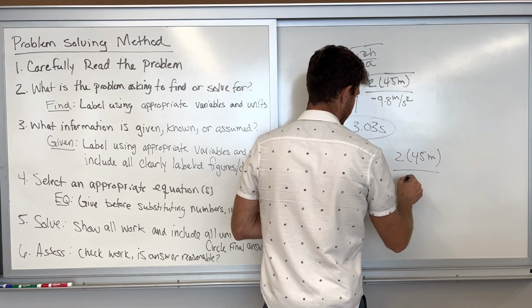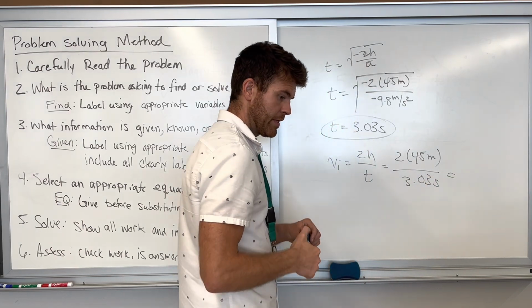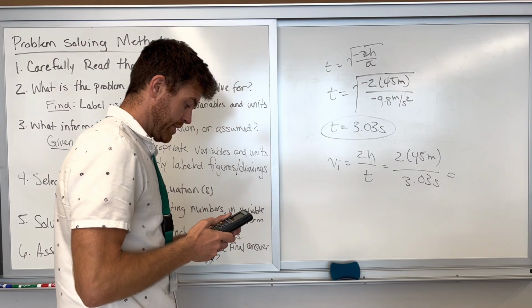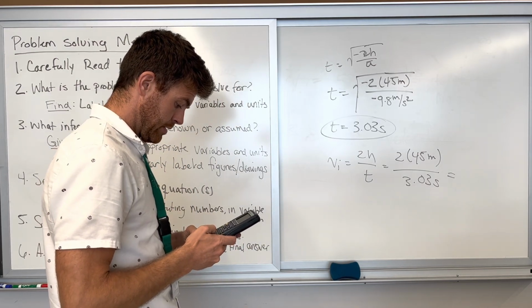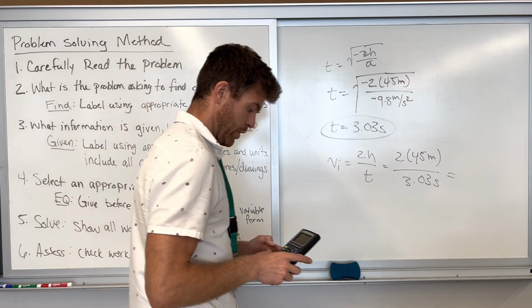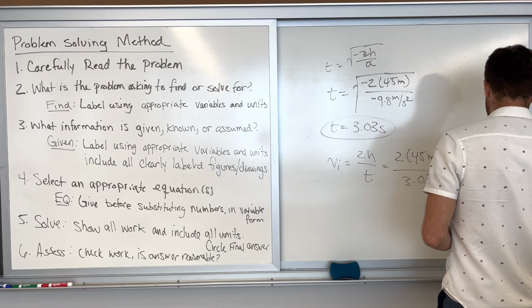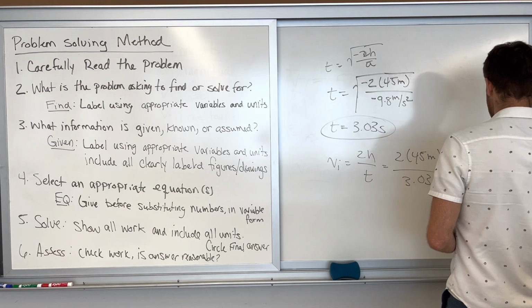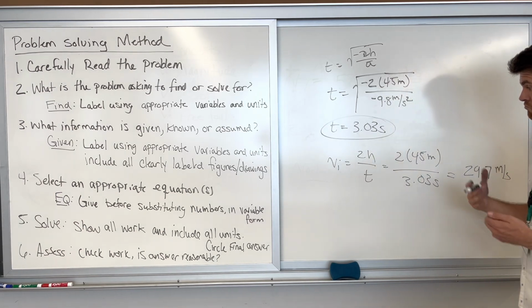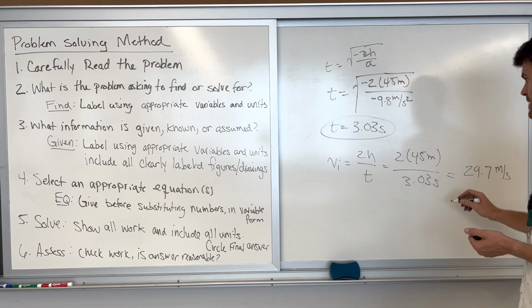So 90 meters divided by 3.03 seconds. 29.7 meters per second. And it's positive, right? It should be positive because we're throwing it upward. That makes sense.